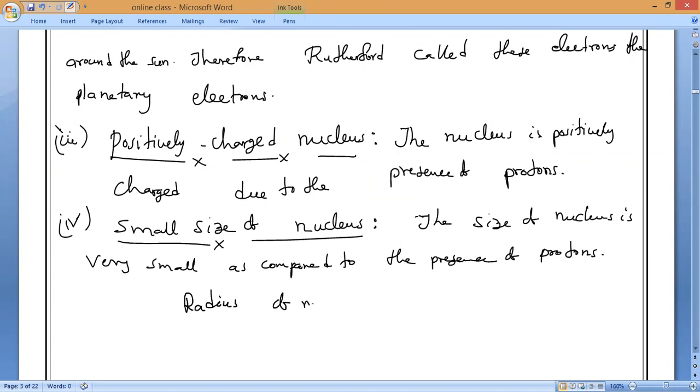That is the radius of the nucleus and the radius of the atom. How much? 1 lakh. Okay.